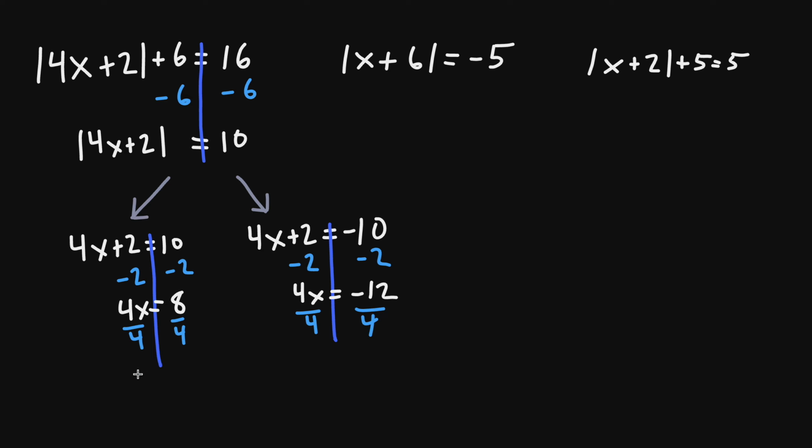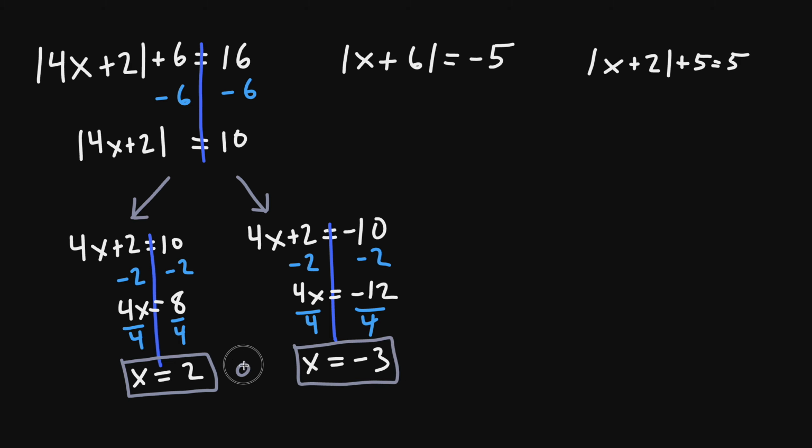Over here, 4x divided by 4 is x equals 2. And over here, we get x equals negative 12 divided by 4 is negative 3. And so you get solution number 1, solution number 2.